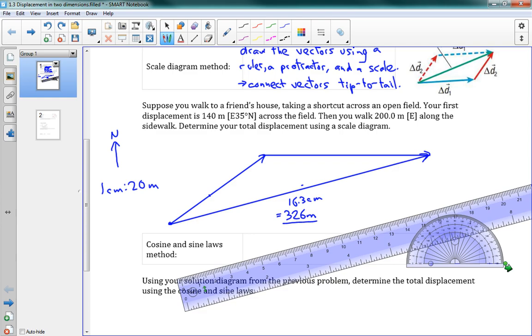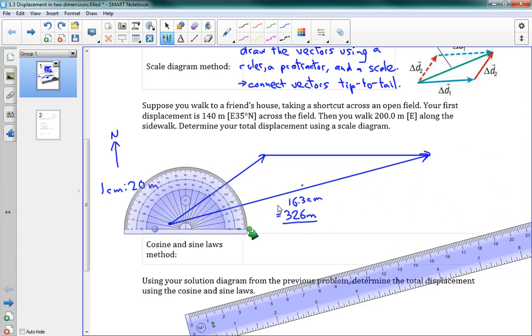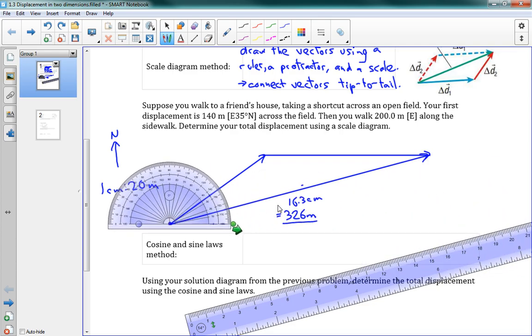Okay, so that's the length, and then the last piece is I need to figure out what that angle was. Whoops. So I bring my protractor over, I line it up with the dot, making sure that the bottom edge is horizontal, and I can see what angle this is. So let's see, counting up from 10 degrees, I've got 10, 11, 12, 13, 14 or 15 degrees.